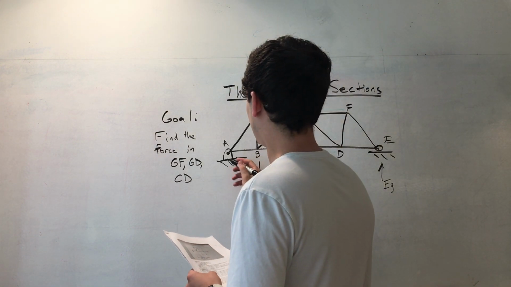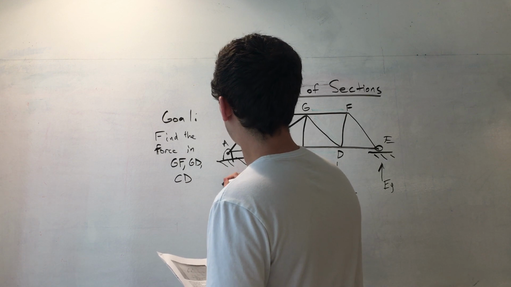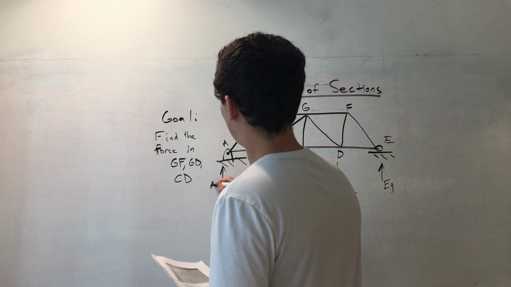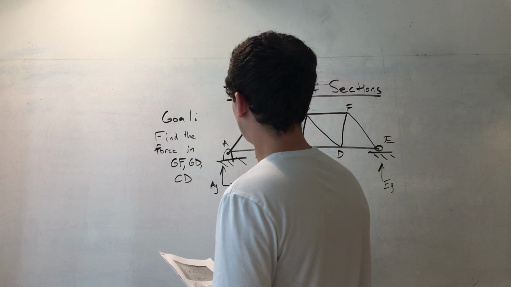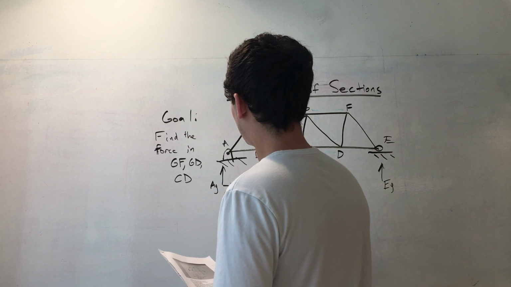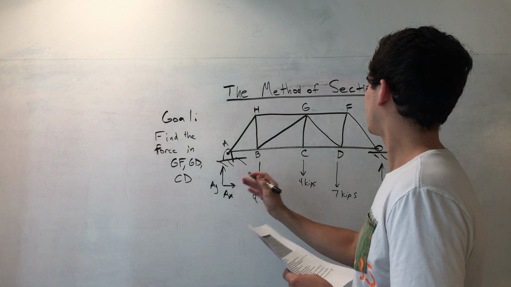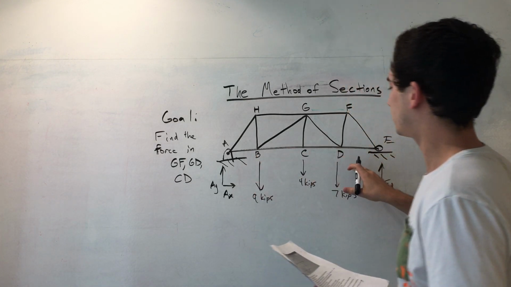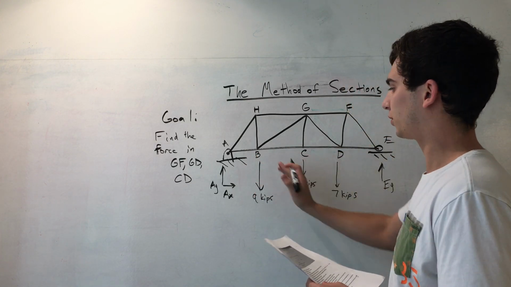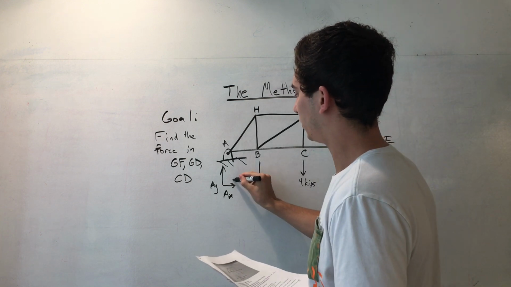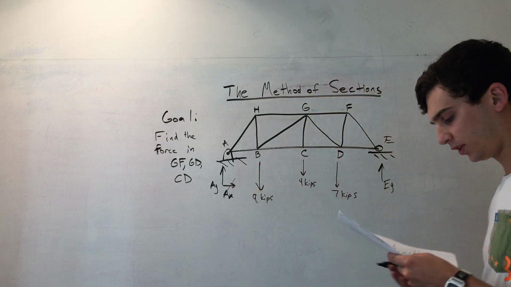At the fixed point A, we will have vertical AY force and horizontal AX force, because it is a fixed joint. Now, looking at the rest of the truss, there are no other horizontal forces. So that means AX is equal to 0 and does not exist at the fixed point.